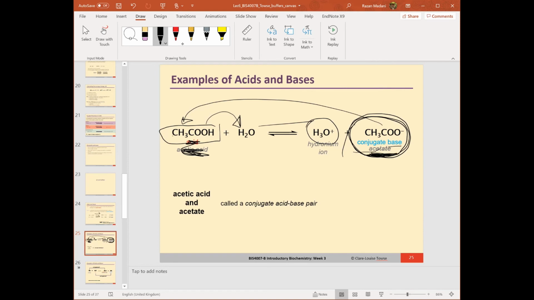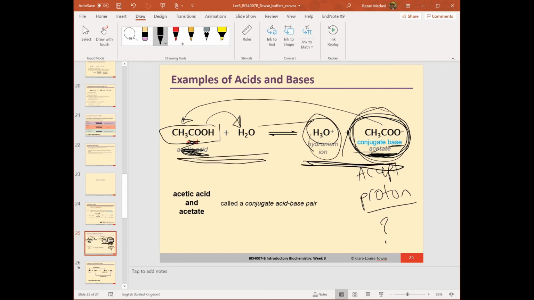Is it not the CH3COOH? CH3COO minus, this one. It's a conjugate base, which means it will accept a proton, but from who? We'll accept it from H3O plus. Yes, this one. So remember, the dealing will always be here or there. They deal with each other.